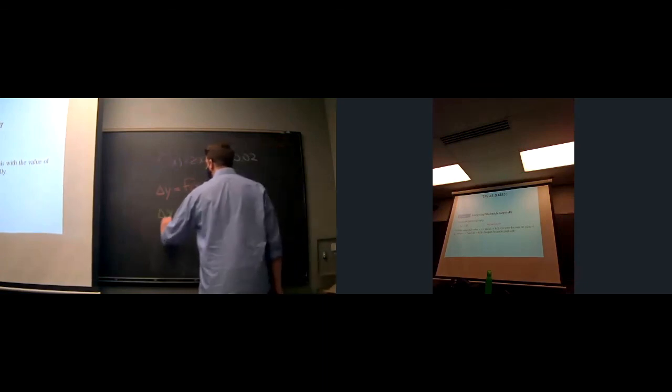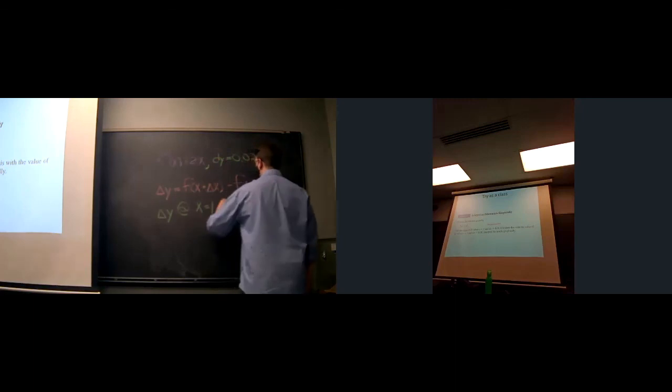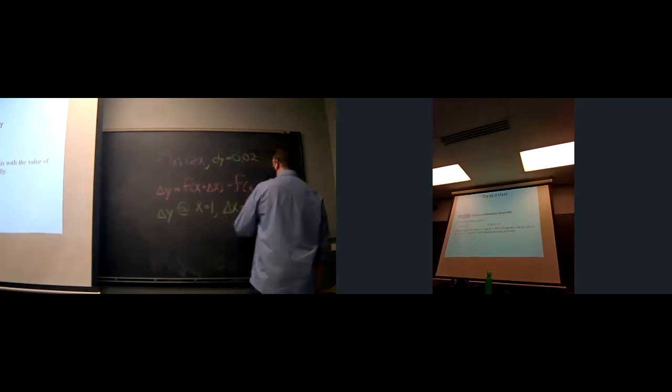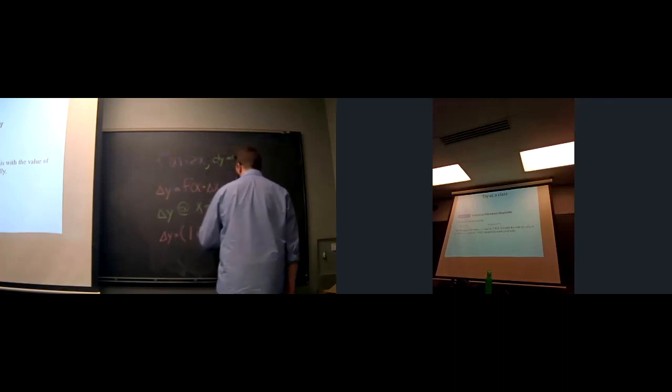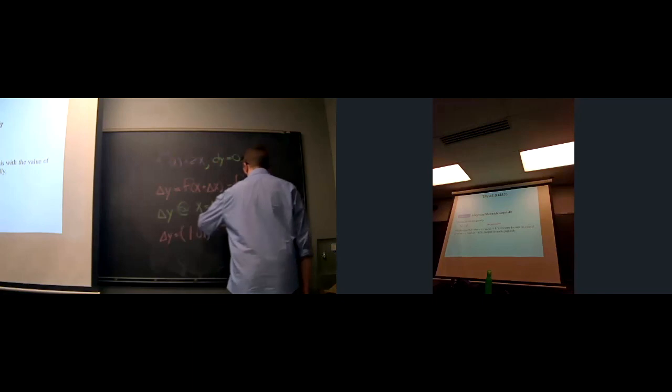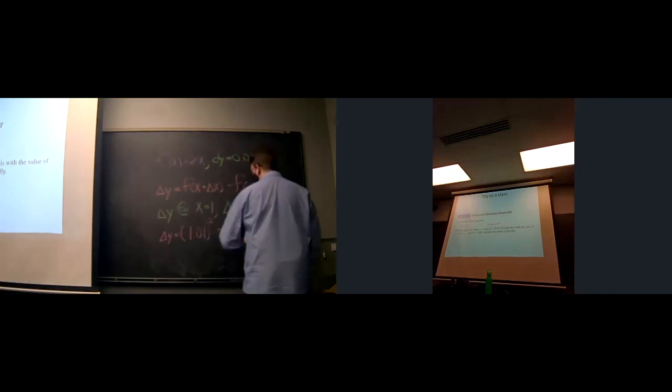So delta y at x equal to 1, delta x equal to 0.01 is going to come out to be 1.01 squared minus 1 squared.